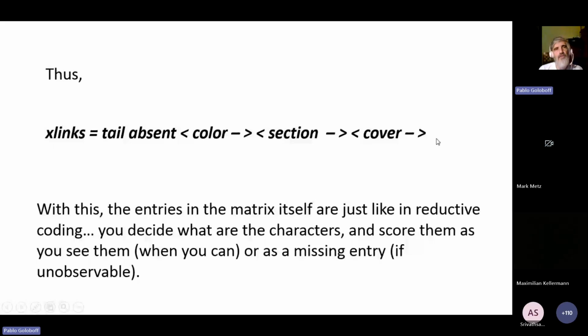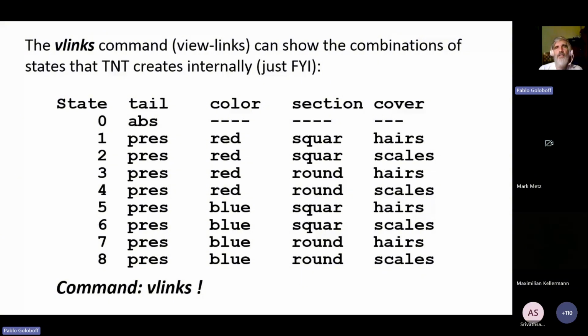With the view links command, vlinks, you show the combinations of states that TNT creates internally, which are really for your information. It's not that you need to know what those combinations are. You know that those are the combinations needed for maximizing homology, right?